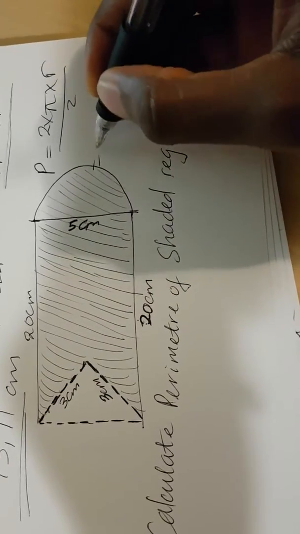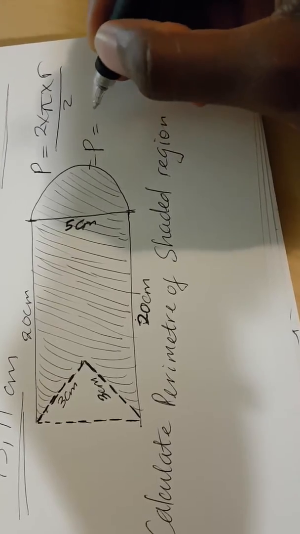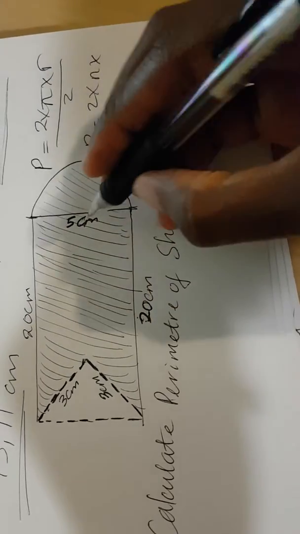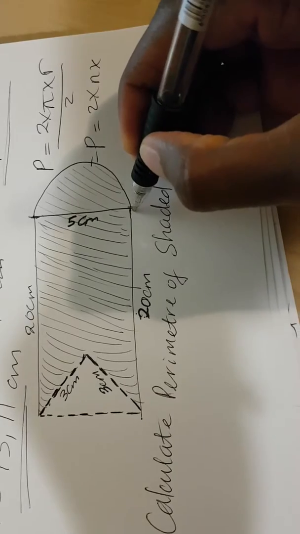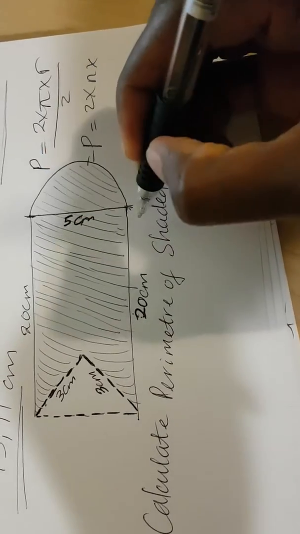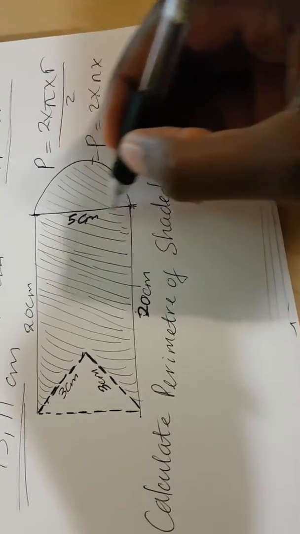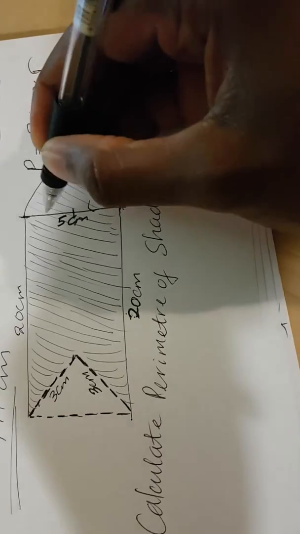This line from here to here, which is the width of this rectangle, is going to be the diameter of the half circle. And remember, half of the diameter is equal to the radius.